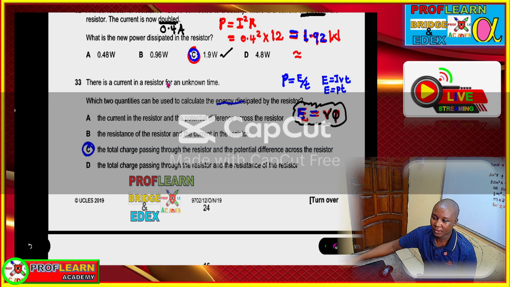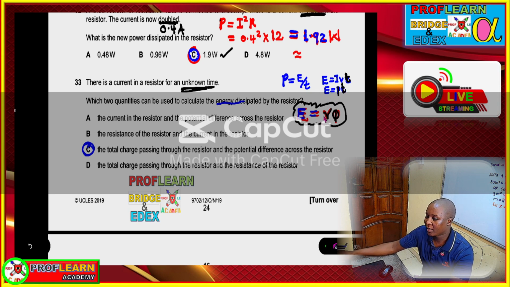There is a current in a resistor for unknown time. Which two quantities can be used to calculate energy dissipated by the resistor? Now, we don't know time, so we need to first remember the formulas that can be used to work out energy dissipated. The first formula is energy equals current times voltage times time, so we have time there. Energy equals power times time, so we have time there too.